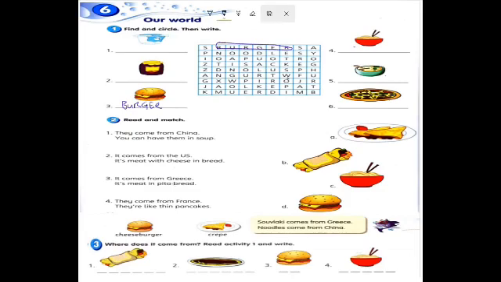Okay, and then I find pizza here, P-I-Z-Z-A. So for number 6, the answer is pizza. Okay, I also found soup here, S-O-U-P. So this one is the picture of soup. Okay, I also found noodles here. So this one is for number 4, noodles.